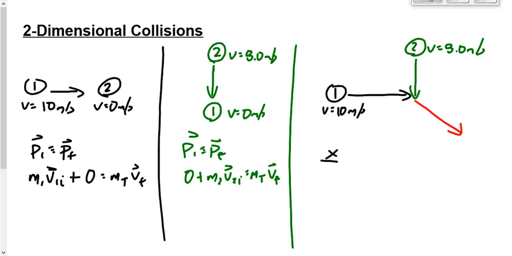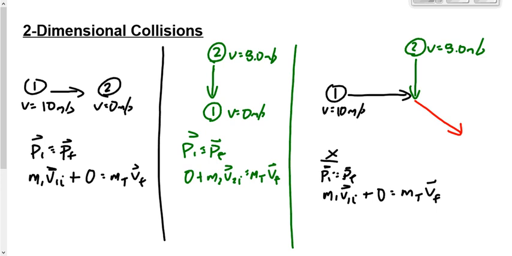The x component is going to look like this. Well, I'll just write it out since it doesn't want to copy for me. It's going to look exactly like this problem.